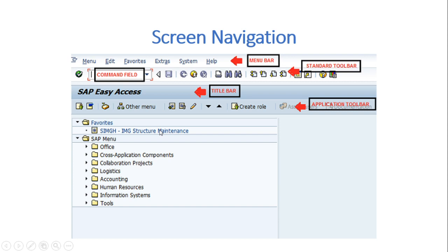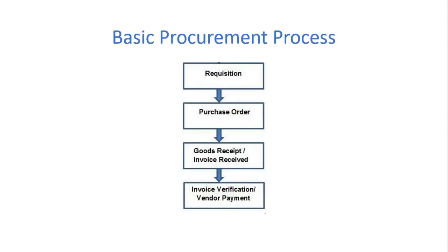If we add it here, we no longer need to type in the command field. We can directly double click on the favorite. Based on the transaction code, we get the related screen, so we can perform accordingly.